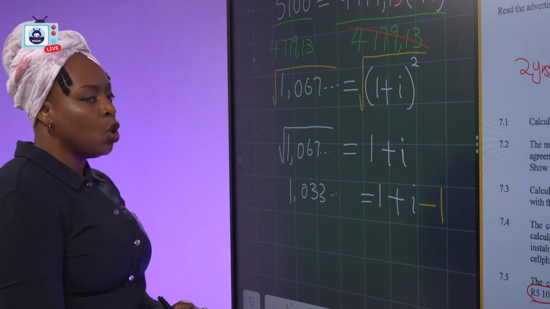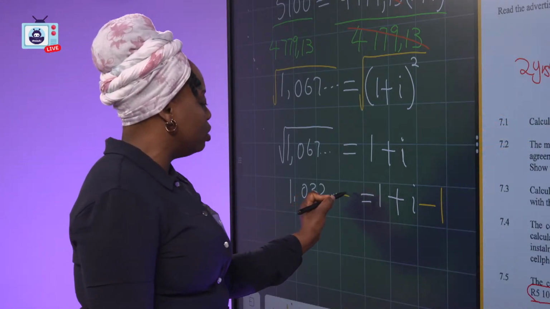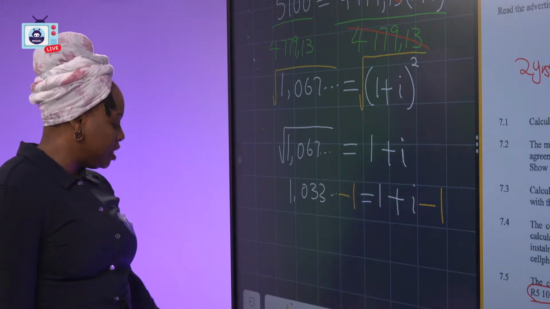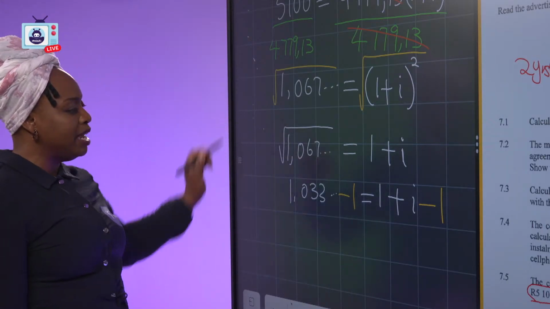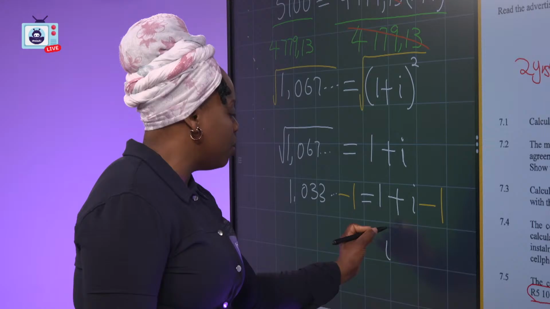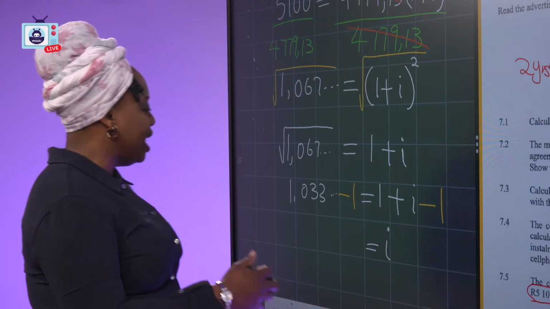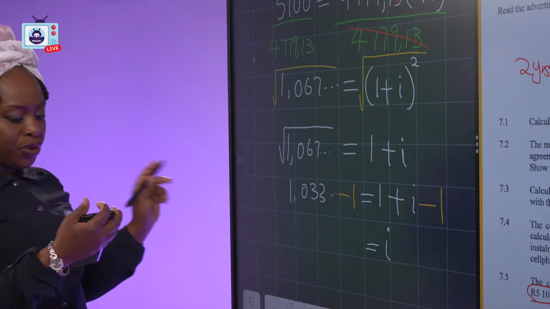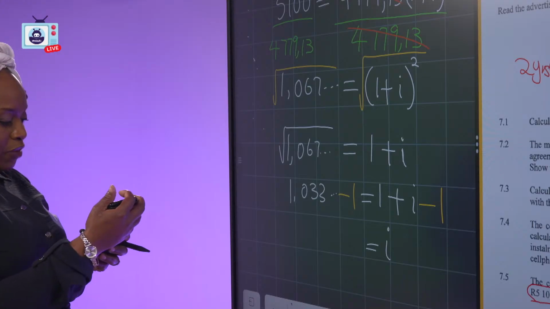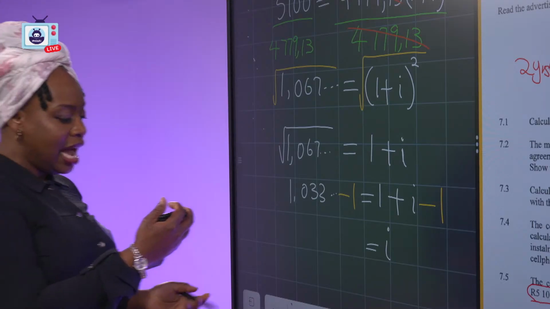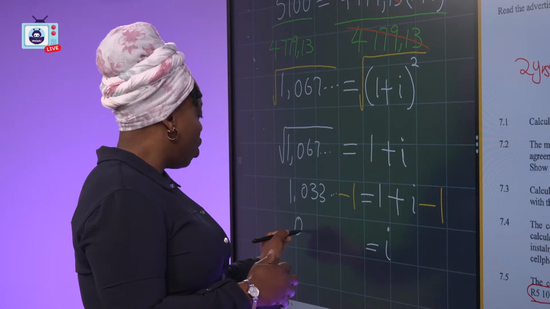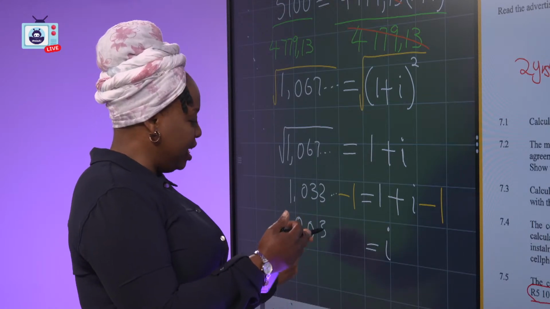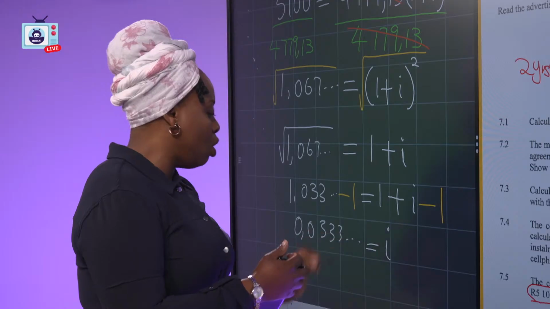But what I do on my right, I must do on the left. So that is what is going to happen now. Then I'll remain on my right with the I, but on the left I had 1,033 and so on. So if I minus 1 there, then I will have 0,033 and so on, right?